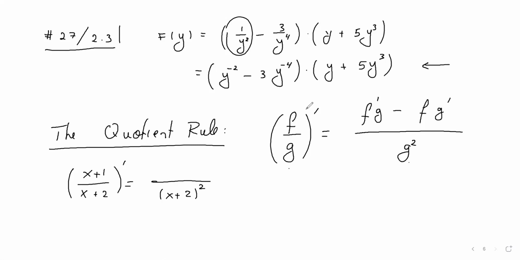They seem to have forgotten that whenever you start writing out the rule, the one with the positive sign is the one that has the derivative of the top part. So this will be x plus 1 prime times x plus 2 minus x plus 1 times x plus 2 prime. So again, remember, you always start with the top part prime. That is the thing that you do when you calculate the derivative.